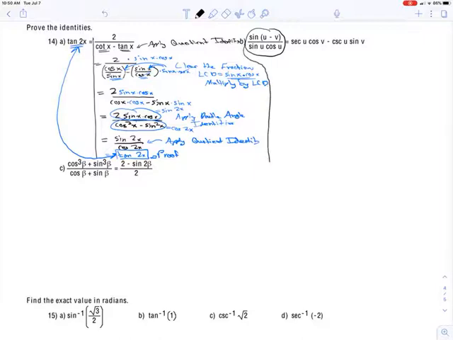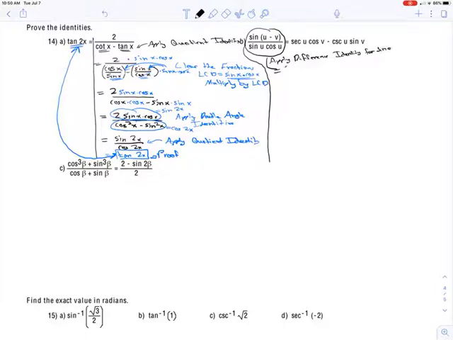All right, and as we do that, let's go ahead and apply our identities. So we're going to apply the difference identity for sine. We can make that note: apply difference identity for sine. Remember, what does it equal?